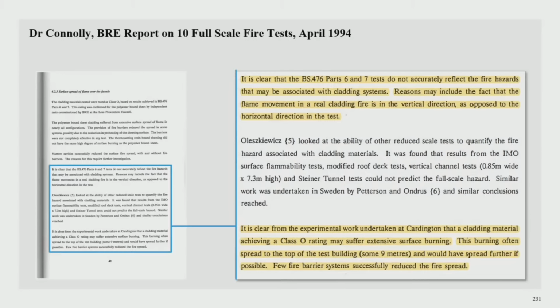Reasons may include the fact that the flame movement in a real cladding fire is in the vertical direction as opposed to the horizontal direction in the test." Secondly, he states that it is clear from experimental work undertaken at Cardington that a cladding material achieving a Class 0 rating may suffer extensive surface burning.